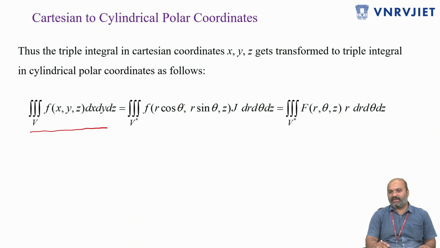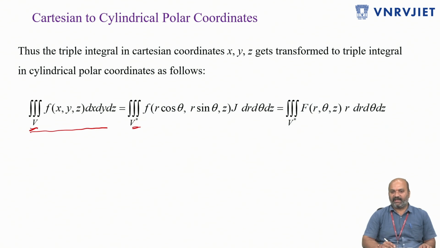After substituting x, y, z, the integrand becomes completely a function of r, theta and z. Therefore it is the triple integral over the equivalent volume in cylindrical polar coordinates. In Cartesian coordinates the volume is denoted V; in cylindrical polar coordinates it is V star. So it is the triple integral over V star of capital F of r, theta, z, times r dr d theta dz. This is the equivalent integral in cylindrical polar coordinates.